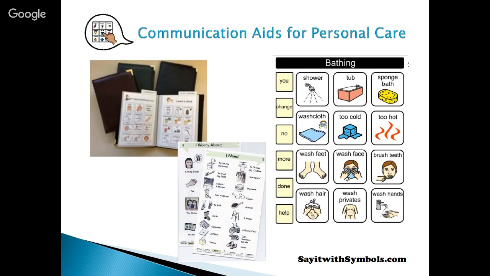So on the left, it's got core words, so you can enhance the messages. And then the back side of each page is a blank template so that you can personalize it with pictures of favorite people, favorite foods, things like that, and expand the choice options.